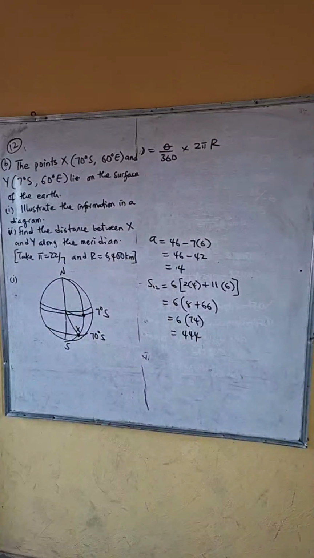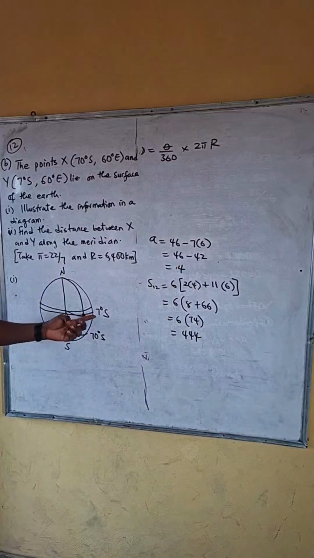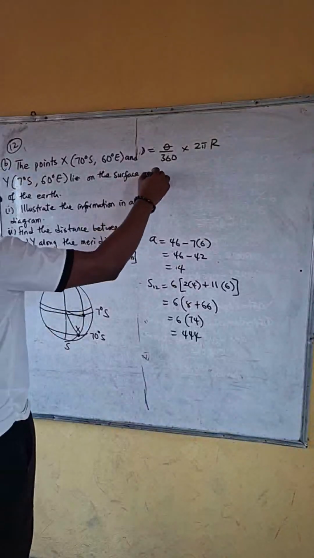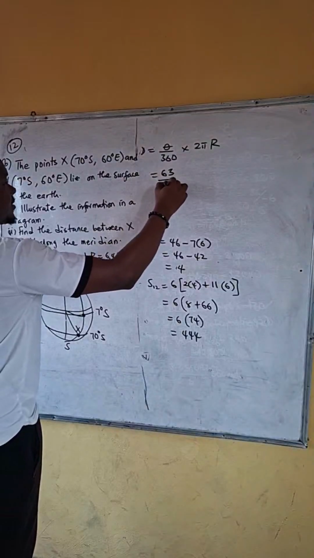So what's the angle between them? You have 7, I have 70. What do you do with this? Subtract because they're in the same hemisphere. That's 63 over 360.